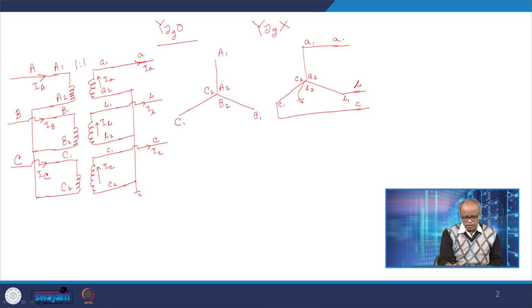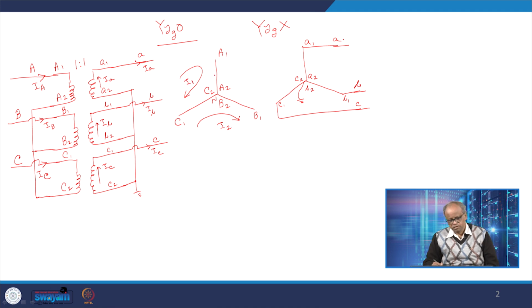Now, because this point N is not grounded, I do not know its potential, so I say this point is N, and as usual we take two loop currents I1, I2 as we have done for the YD transformer, and say this is I1. So, this is the transformer, and this is the loop current. This is my phase B, this is my phase A, and say this is my phase C.